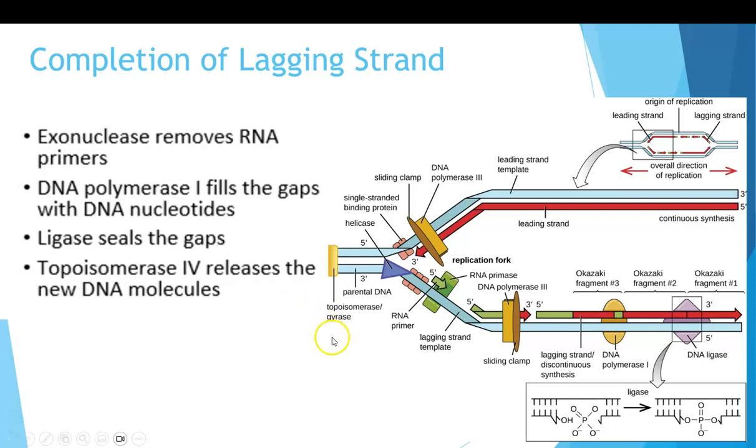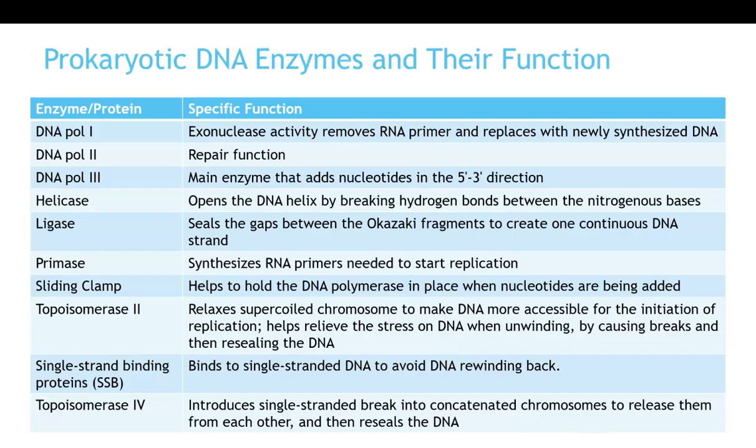Then with the help of ligase we're going to seal and glue them together, and then topoisomerase 4 is going to help release the new DNA molecule, a double-stranded DNA which has exactly the same genetic material as the original DNA.